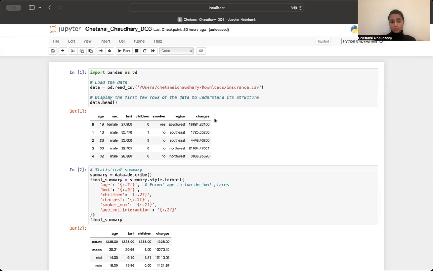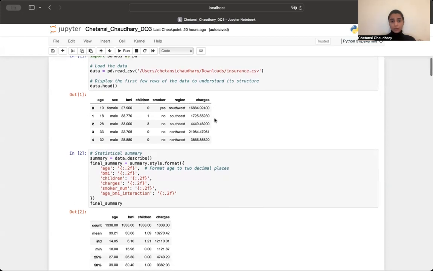Once our data is loaded, our next step is to get a general sense of it. We calculate descriptive statistics such as mean, median, and mode for our key variables, allowing us to understand the central tendencies. This gives us a holistic view of our dataset, helping us to understand average values, spread, and common data points.